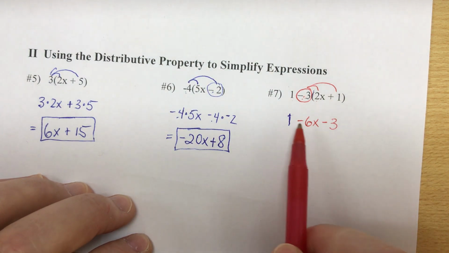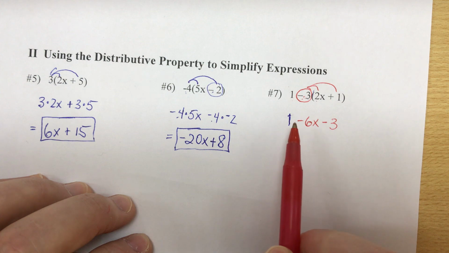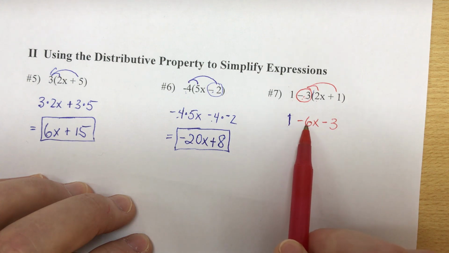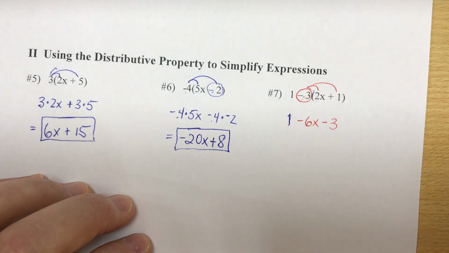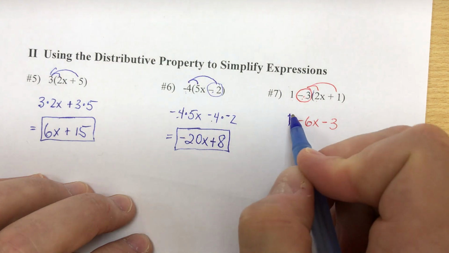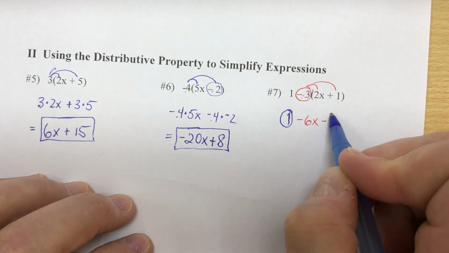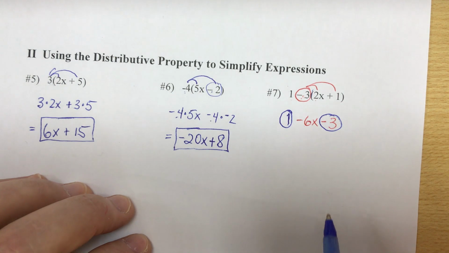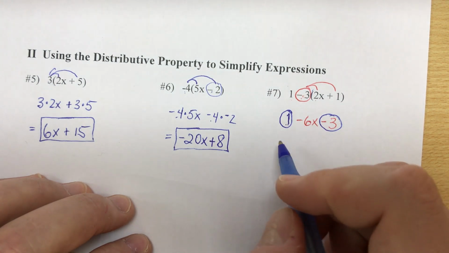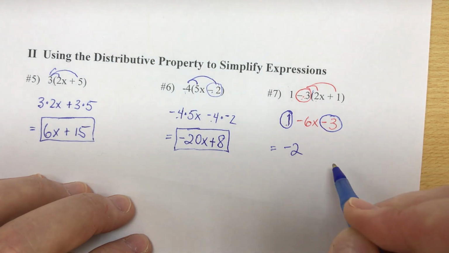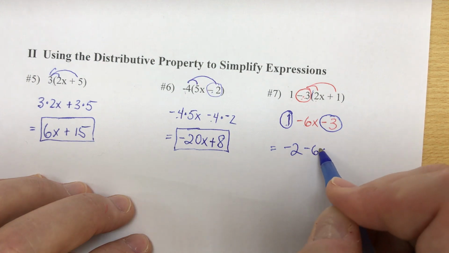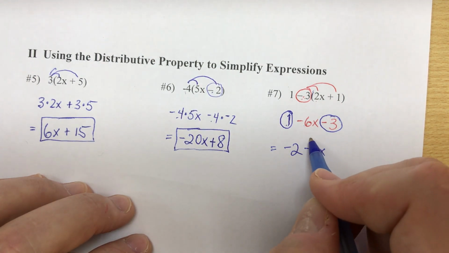Now, when I read this, I will read this as subtraction. 1 minus 6x minus 3. Do we have like terms? We do. We have the constant 1 and the constant minus 3. What is 1 minus 3? It is negative 2, and then minus 6x. Now, one last thing here.